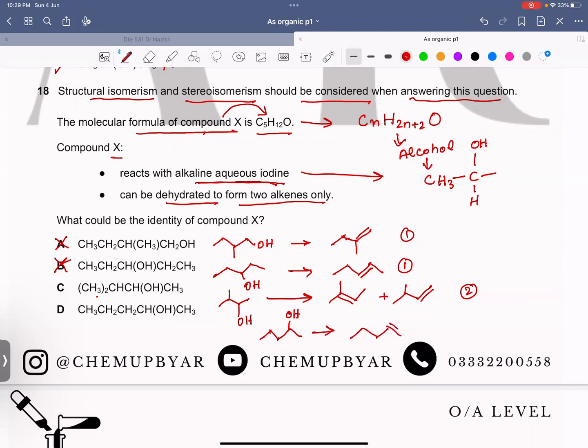One alkene would form, and there is another alkene that would form, but this can show cis and trans both.